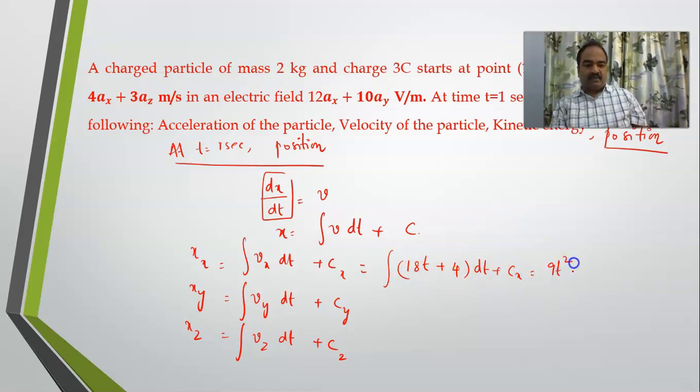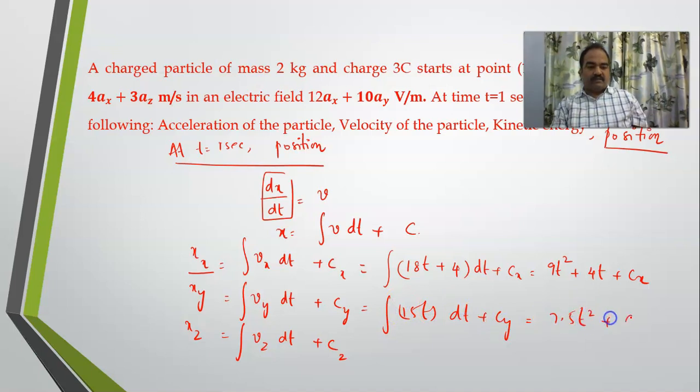This was 9t square plus 4t plus Cx. This was x. This was integral of 15t dt plus Cy, right? What I'll get here? 7.5t square plus Cy. This one is integral of 3 dt plus Cz, right? What was this one? 3t plus C. So this is Z. So these are my displacements in x direction, y direction, and z direction.